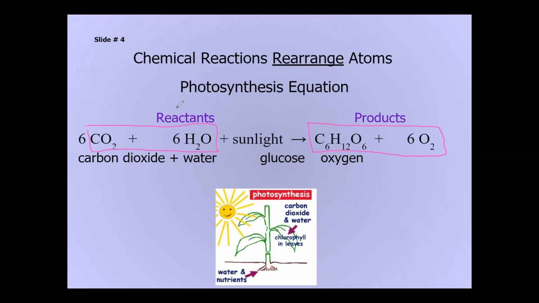The reactants are the starting materials of carbon dioxide and water. And our products are our ending materials of glucose, this sugar molecule right here, and some oxygen left over here.